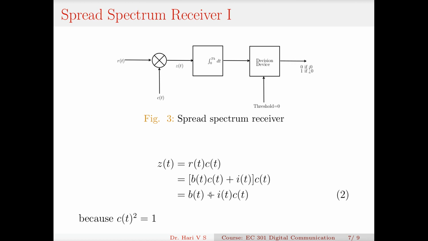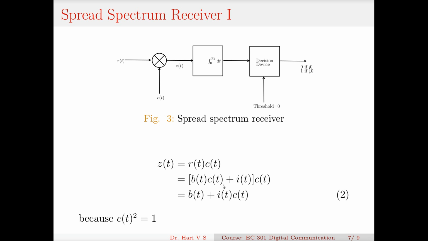So it is b(t) plus i(t) times c(t). Now this goes into my integrator. If I integrate b(t) over one period, like a dot product, then based on this decision, if the value is less than 0, it is a 0. If it is greater than 0, it is a 1.